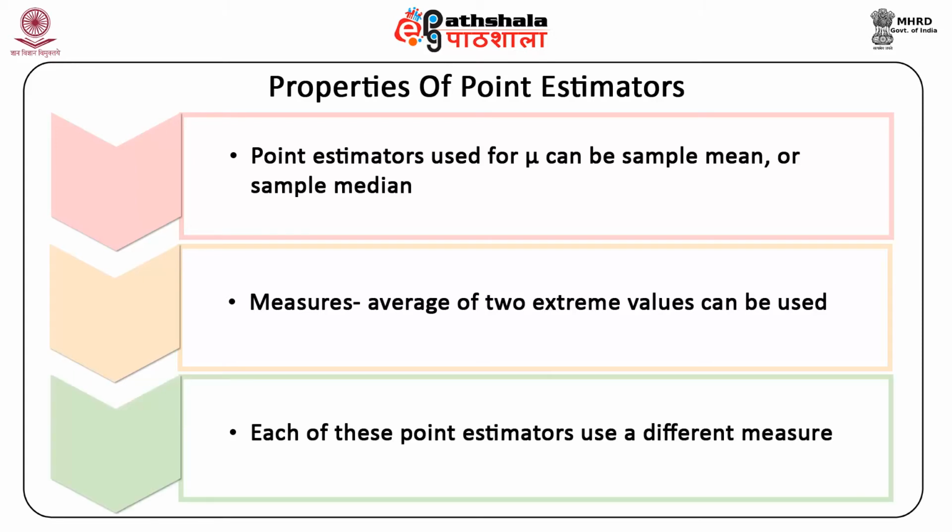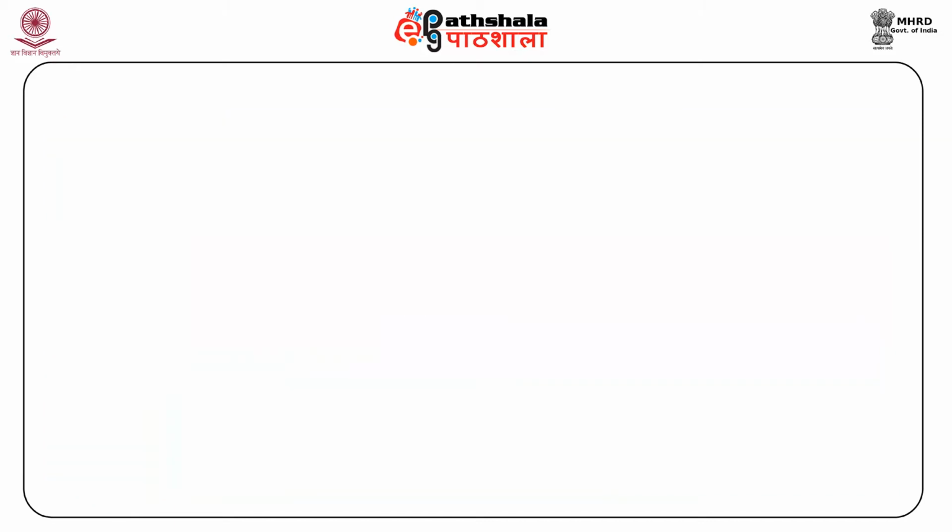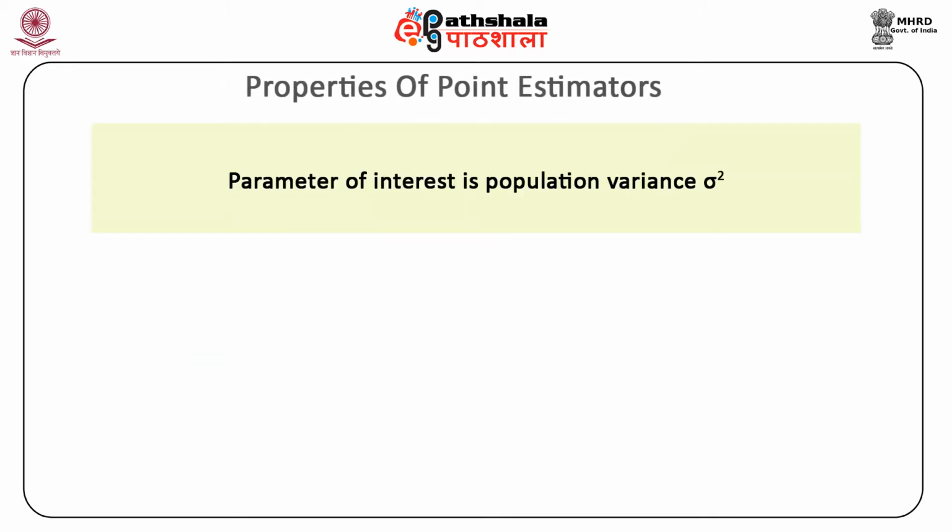Each of these point estimators uses a different measure to locate a center of the sample to approximate the underlying mean mu. Or, for example, the parameter of interest in the population is the population variance sigma squared.